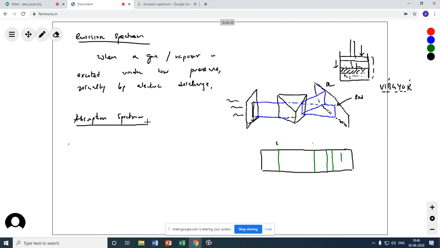Okay, so these dark lines correspond to those wavelengths which were found in the emission spectrum.